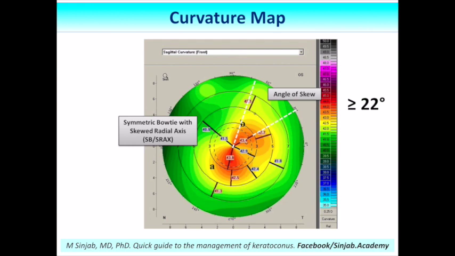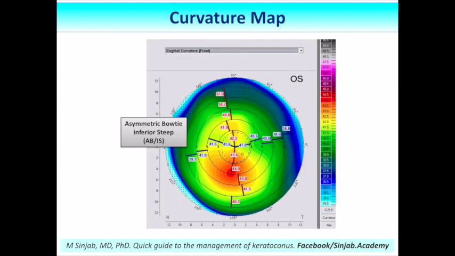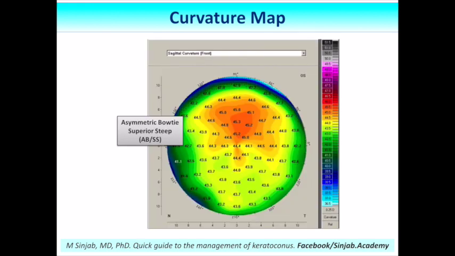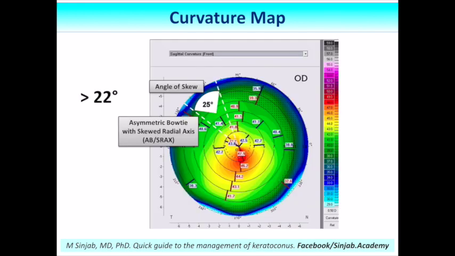This pattern is symmetric bow tie because both segments are equal in size and numbers, but they are skewed. This is asymmetric bow tie inferiorly steep, asymmetric bow tie superiorly steep. This is asymmetric bow tie with SRAX. The angle here is 25 degrees.